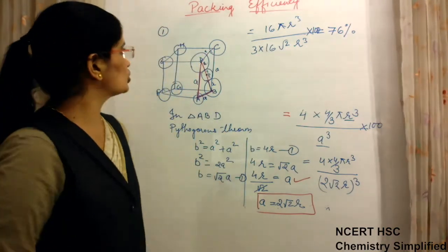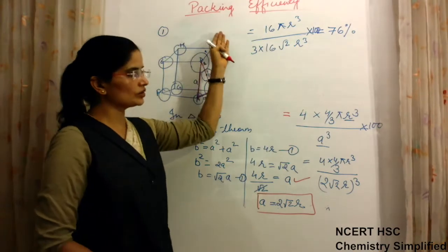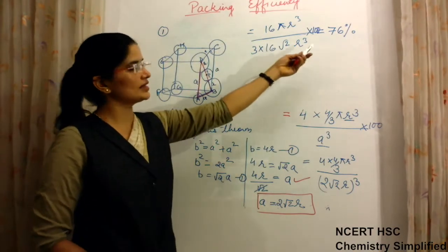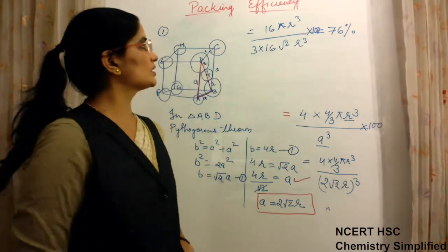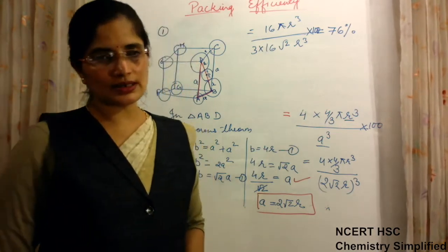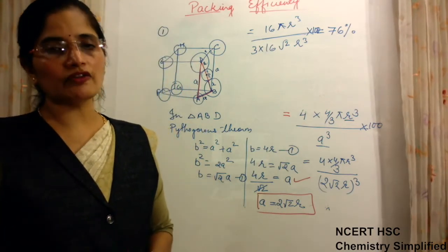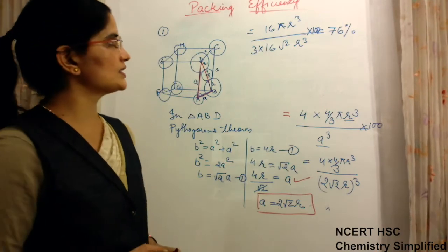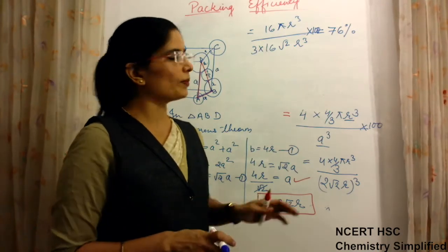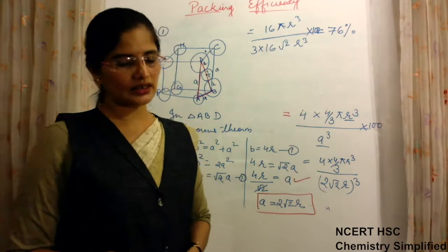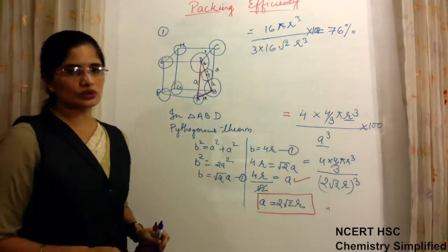So the packing efficiency in a hexagonal close packed structure is 76%. That means the remaining 24% is covered by voids. Empty space is 24% and occupied space is 76% in the case of hexagonal close packed structures.